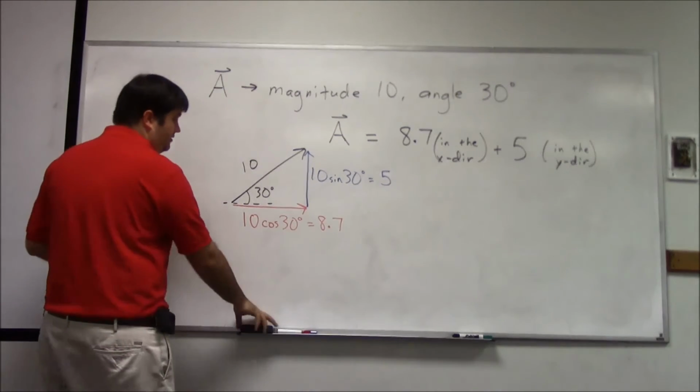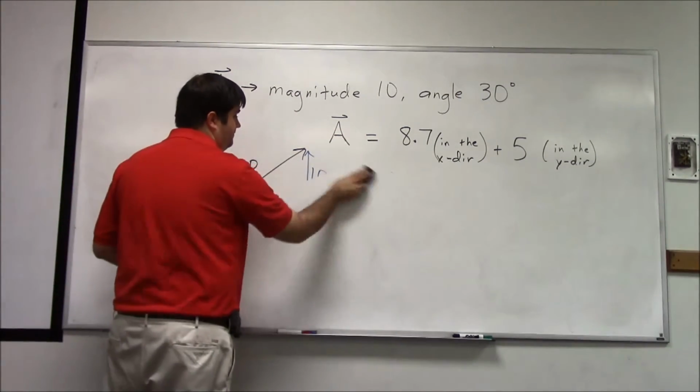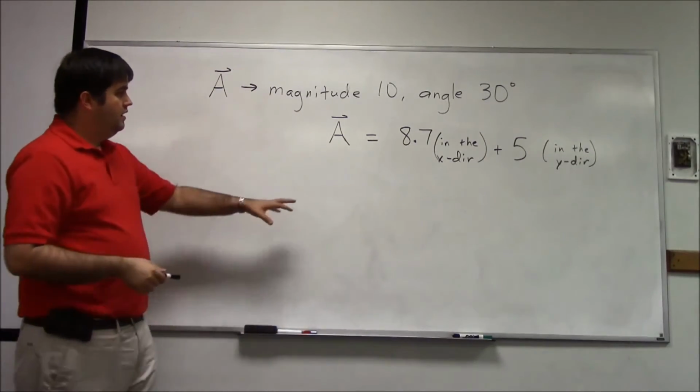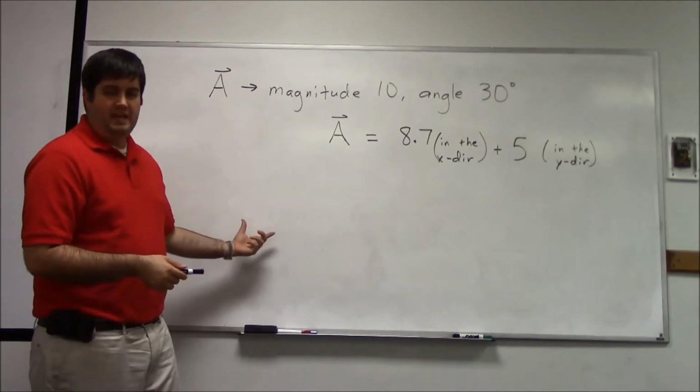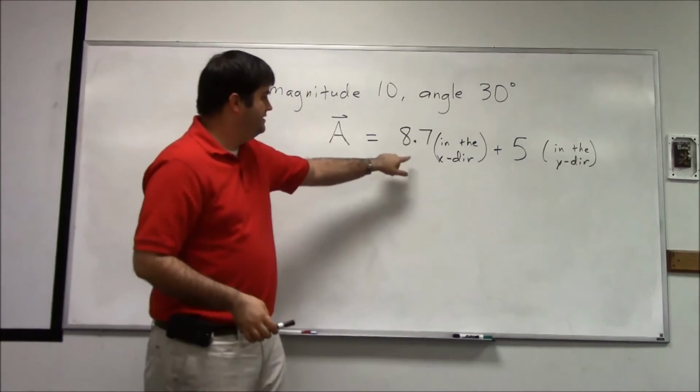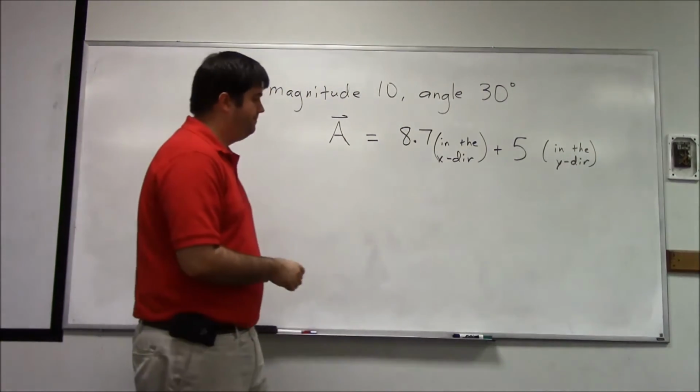I'm going to erase this triangle now to give us a little more room. But you can always rewind if you want to see it again. Alright, well this is basically what I just had here drawn as the triangle. Vector A is this x component and this y component.